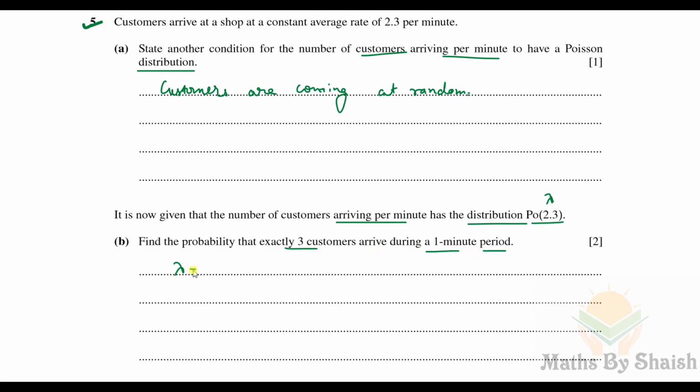So in this case lambda is given as 2.3 per minute, because they have given it as per minute, and hence, let's say X is the number of customers, so it will be a Poisson distribution with 2.3, and hence the probability we need to find is P(X = 3), which is of course e to the power minus 2.3 into 2.3 to the power 3 upon 3 factorial. So we will solve this, and this is 0.203 to 3 significant figures.